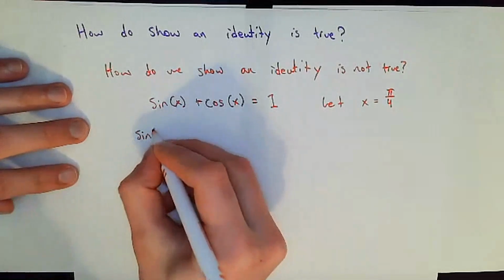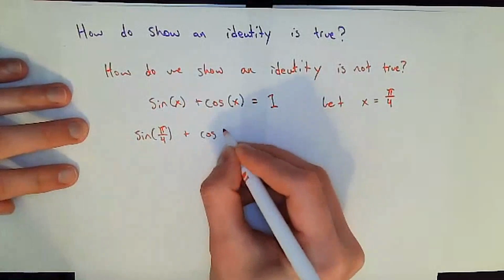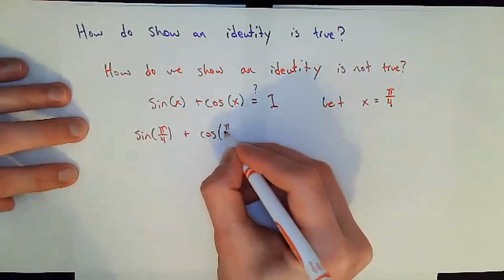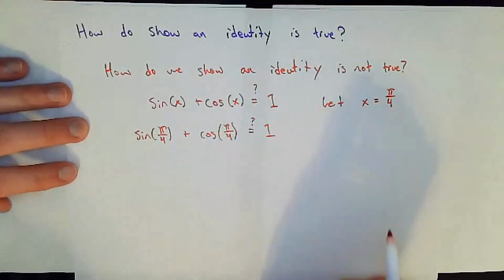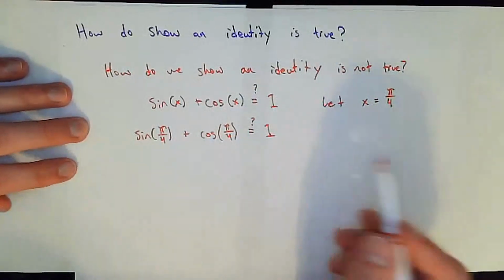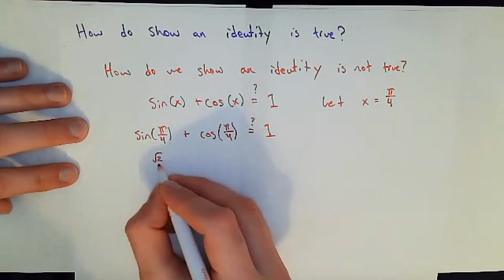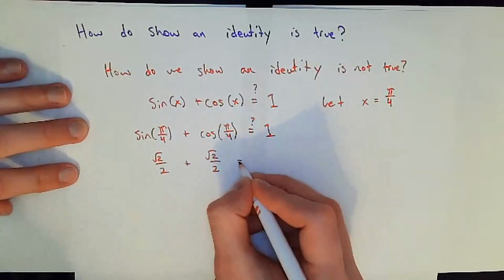Then sine of pi on 4 plus cosine, and maybe I should write a little question mark there, because I'm trying to show whether it's true or false, and I know that this is false. Sine of pi on 4 is square root of 2 over 2. Cosine of pi on 4 is square root of 2 over 2.